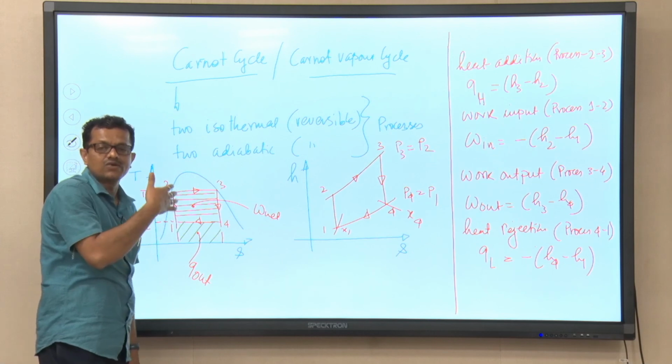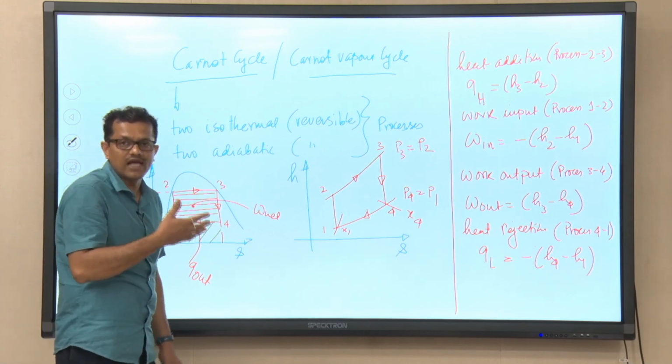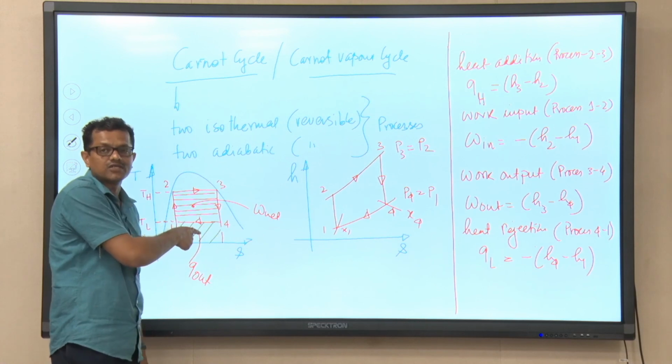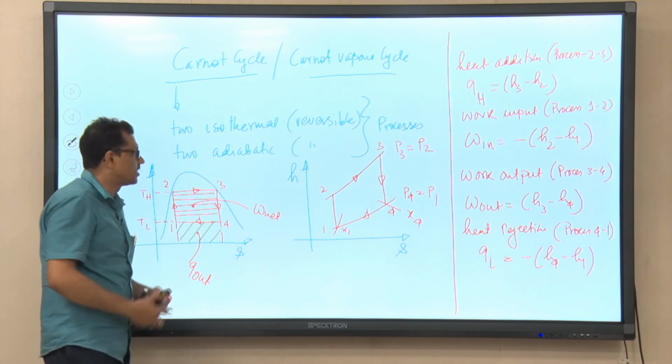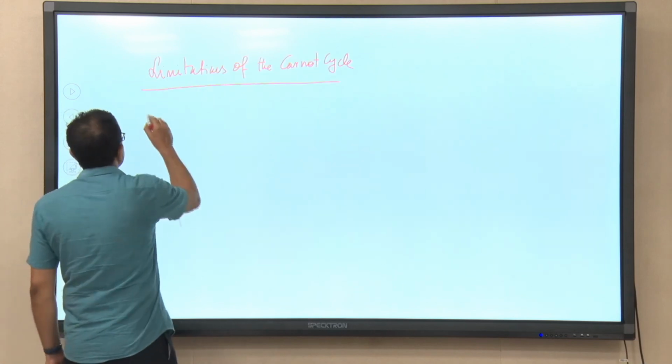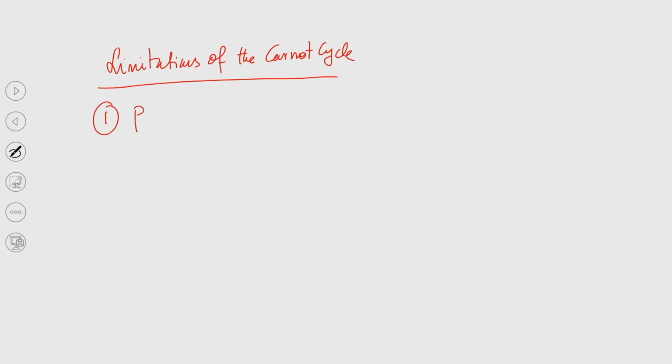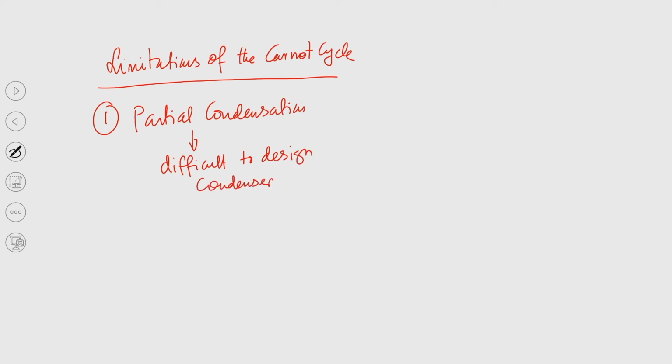So it is very difficult to design a condenser which will allow this partial condensation, with the condensation process terminating at point 1. Number 1 is partial condensation, which is difficult to design a condenser for.